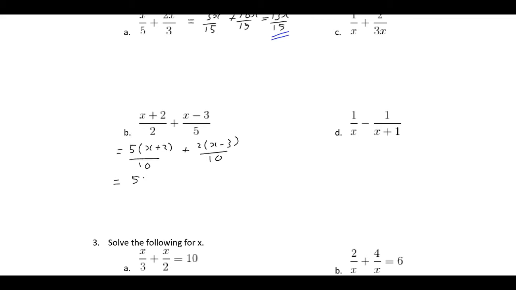That's going to be 5x plus 10 plus 2x minus 6 all over 10, and that is 7x plus 4 over 10.